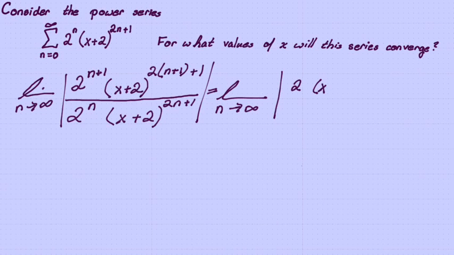So I get an x plus 2 squared in the numerator, and then everything in the denominator will cancel. So I get 2 times x plus 2 squared. I'm going to throw it in absolute value even though it's always positive.